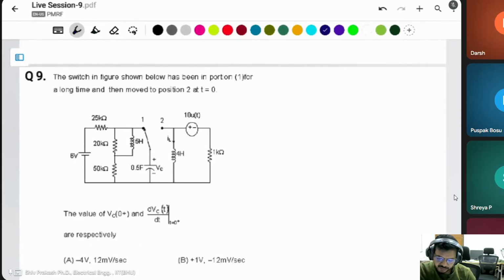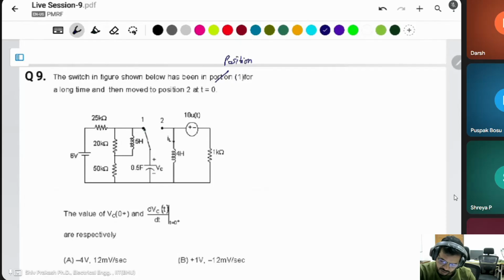Next circuit is given. The switch in the figure shown below has been in position 1 for a long time and then moves to position 2 at t is equal to 0.